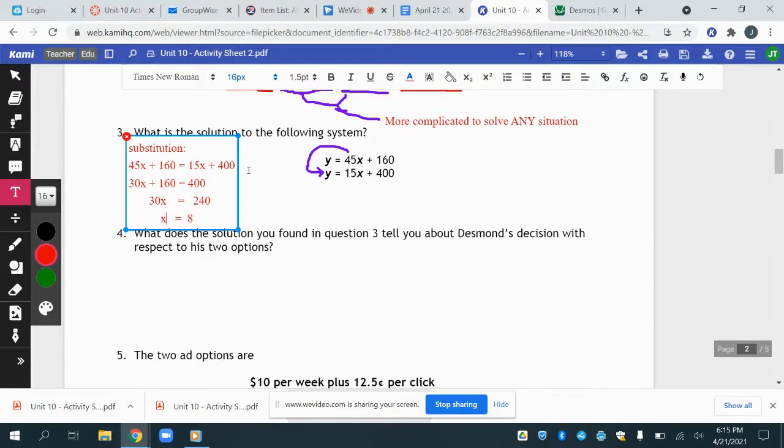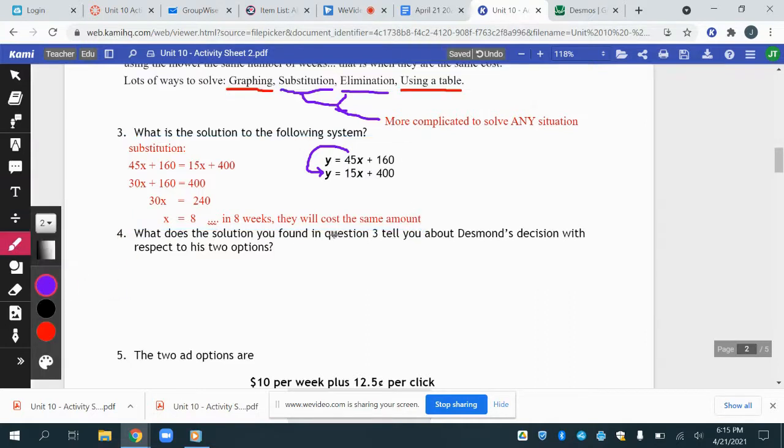And now we have a solution, yay. x equals 8. In 8 weeks, they will cost the same amount. Now I just plug 8 in. This is the mathematical way to do it.